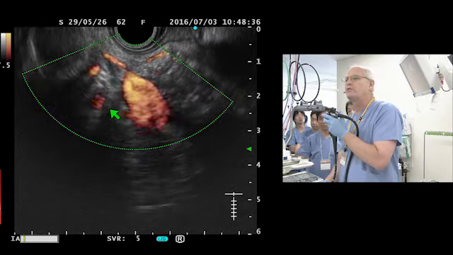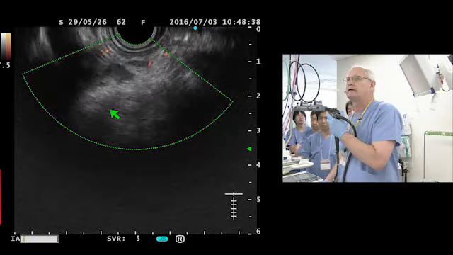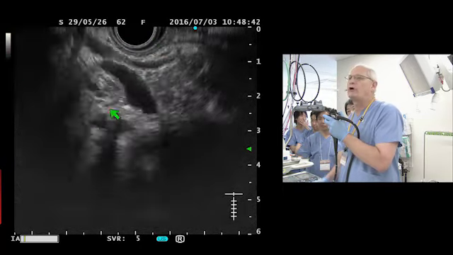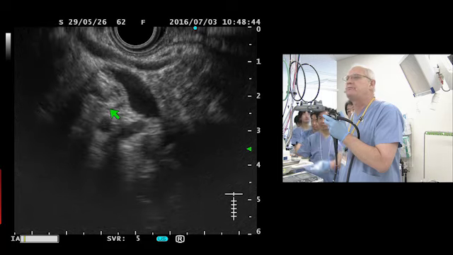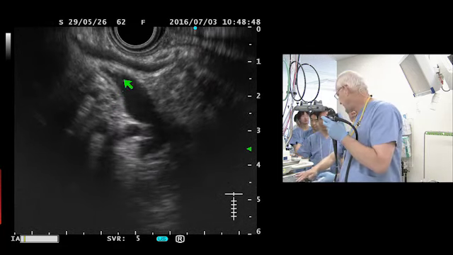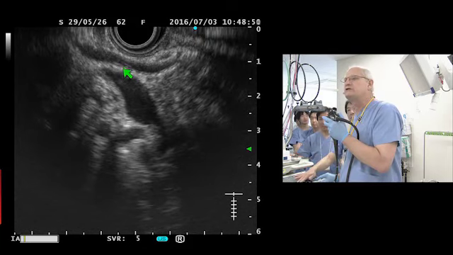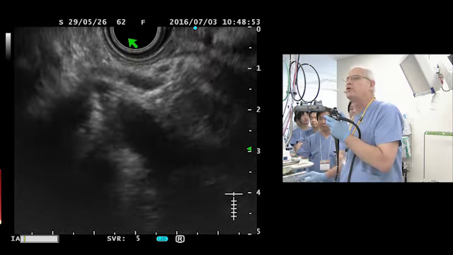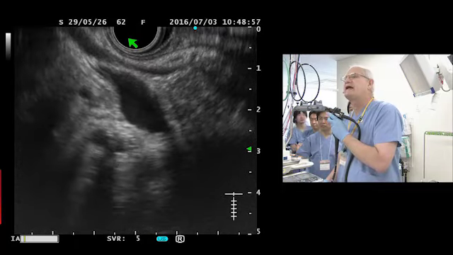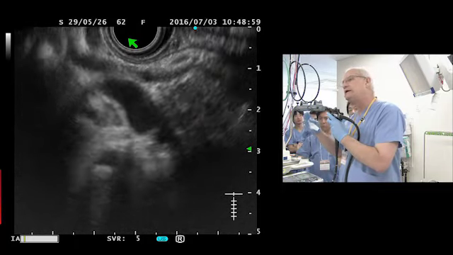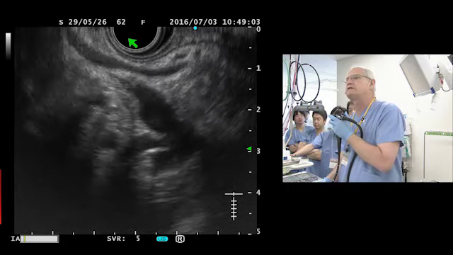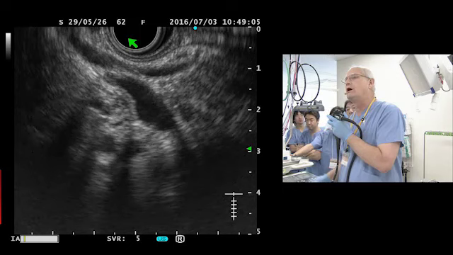So the reason that I wanted to look at the bile duct is because of the possibility of an autoimmune process. I want to see if the bile duct is normal or abnormal. And I will mention that the alkaline phosphatase was normal in this patient. So my suspicion of a cholangiopathy in conjunction with the chronic pancreatitis was relatively low.